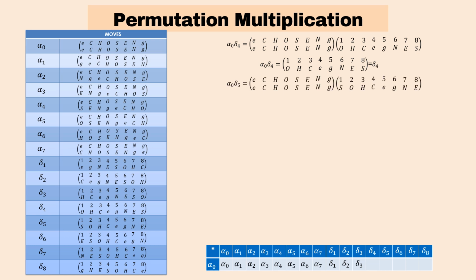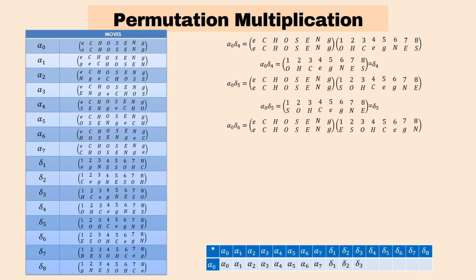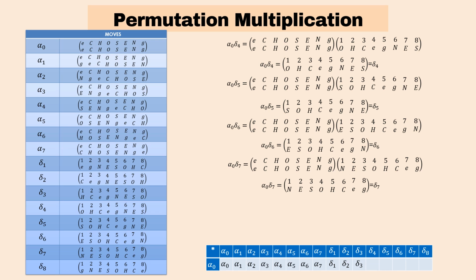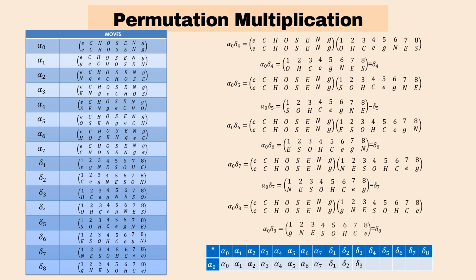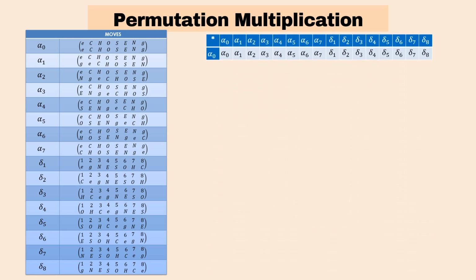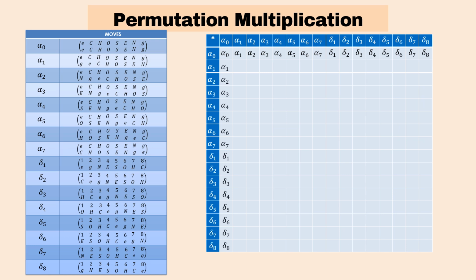Next, alpha sub 0, delta sub 4 is equal to delta sub 4. Alpha sub 0, delta 5 is equal to delta 5. Alpha sub 0, delta 6 is equal to delta 6. Alpha sub 0, delta 7 is equal to delta 7. Alpha sub 0, delta 8 is equal to delta 8. So now let's find out the other side.